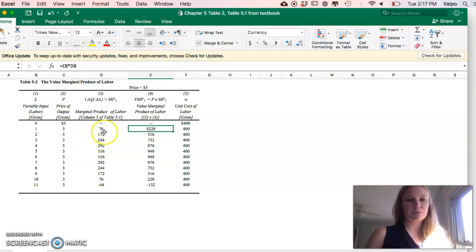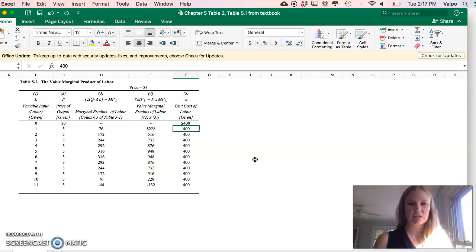So the first worker brings in 76 additional units of product. Each of them brings in $3, so that worker is bringing in $228 worth of stuff. This is what we would call the marginal benefit. The marginal cost is just the wage. How much am I paying that worker? I'm paying that worker $400.